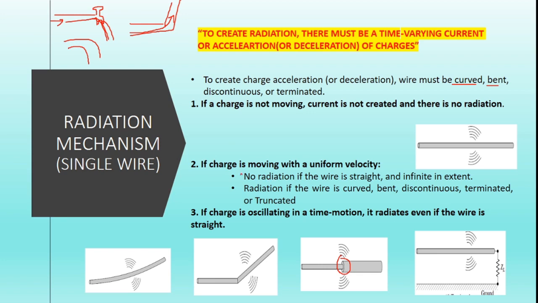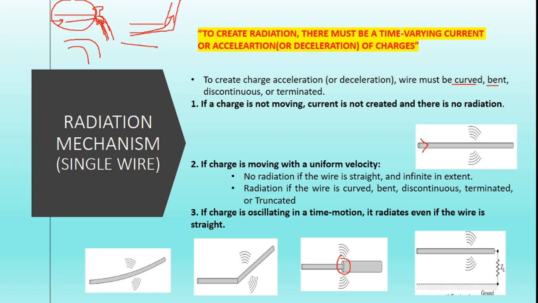The next point is if charge is moving with a uniform velocity. Now we have a wire, and the charge is going to move through the wire with uniform velocity. So if it keeps on moving straight, like in this water pipe, there is not going to be any radiation. But to the same water pipe, if I have a downward bend or an upward bend or any such type of curve, then we can say that a radiation will be created, right?